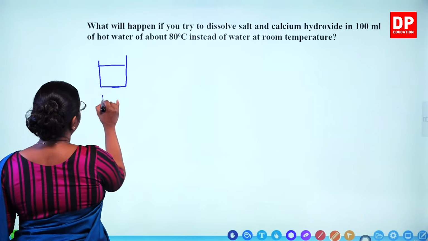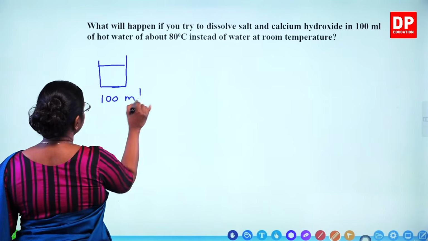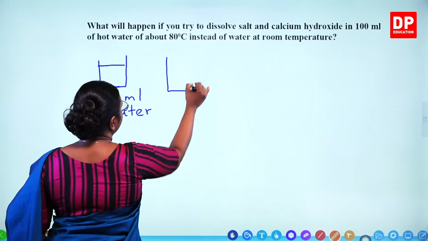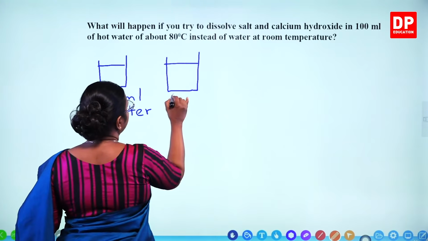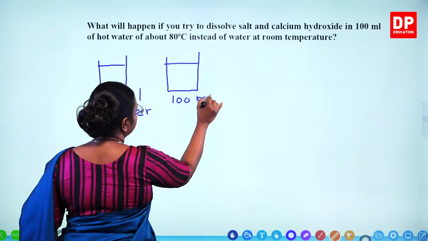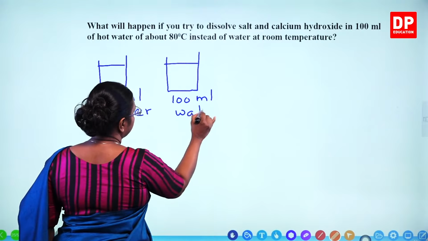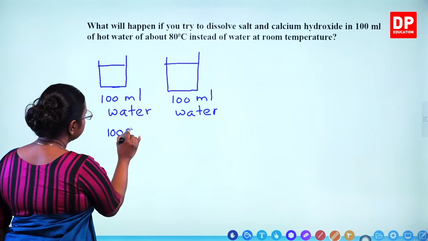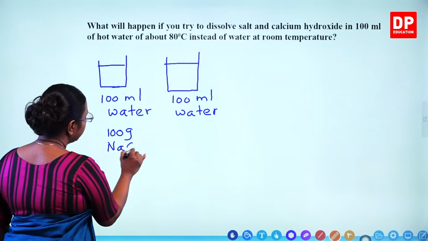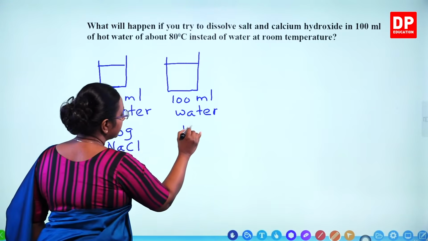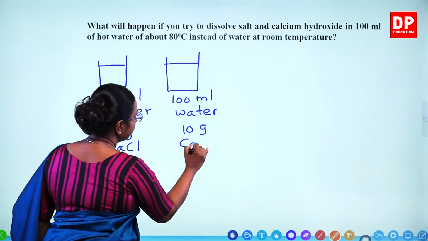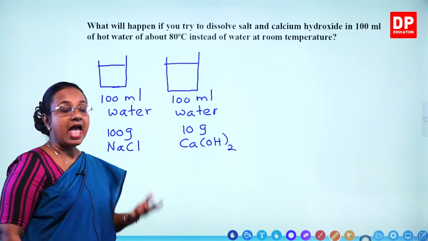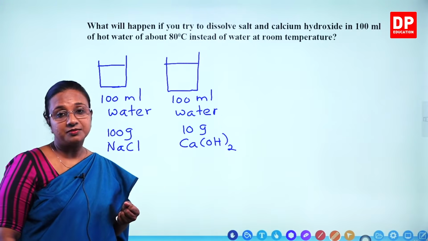We took 100 milliliters of water, and here also we took 100 milliliters of water. To one, we took 100 grams of sodium chloride. To the other one, we only took 10 grams of calcium hydroxide. And what did you observe?